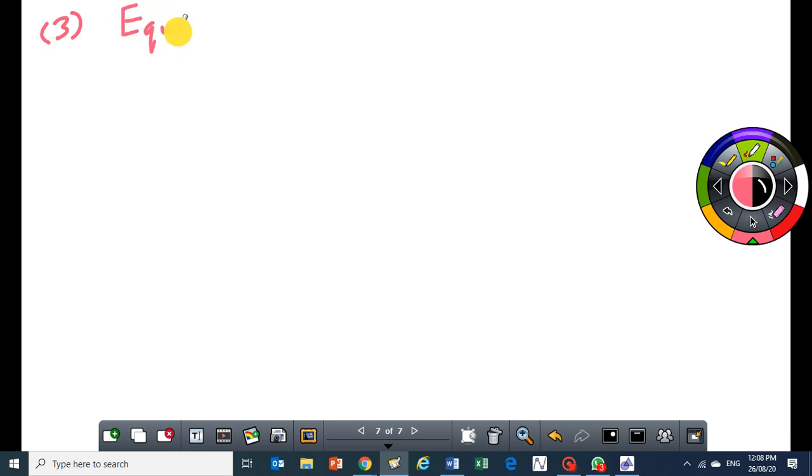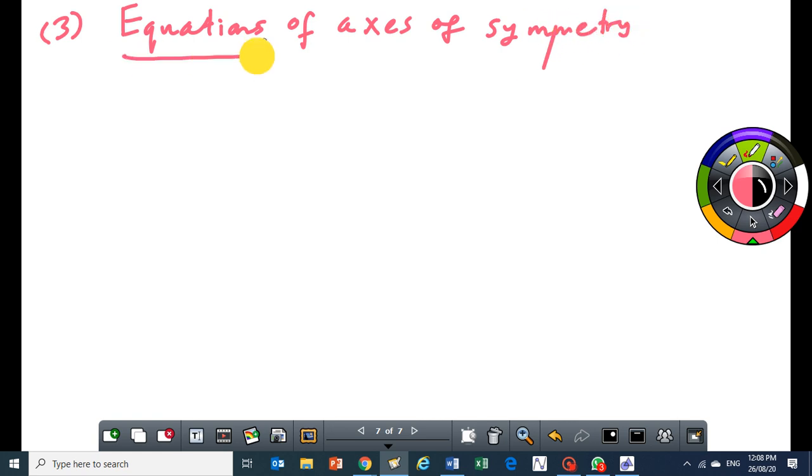Equations of axes of symmetry. Any hyperbolic graph has got two axes of symmetry, and the two axes of symmetry are straight lines. Okay? And they have equations. Since they are straight lines, they have got equations.